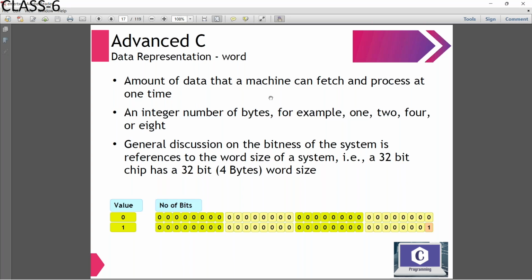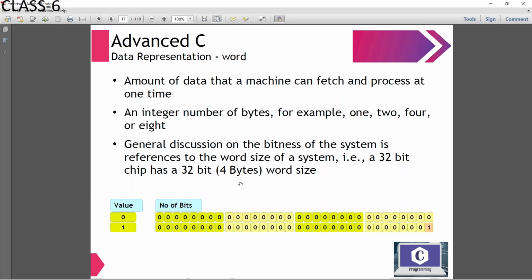Usually we say 64-bit system or 32-bit system. 64 bits, or 8 bytes, is the amount of data that can be fetched or processed at a time; that is the word size. 32 bits is 4 bytes, the amount of data that can be fetched or processed in a single shot. That will be the maximum, and 4 bytes is the size of an integer.